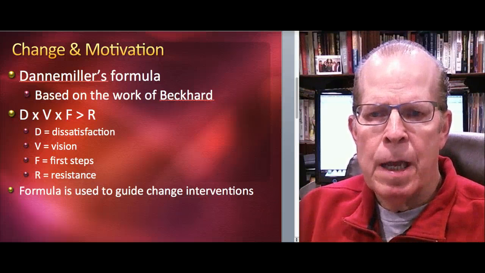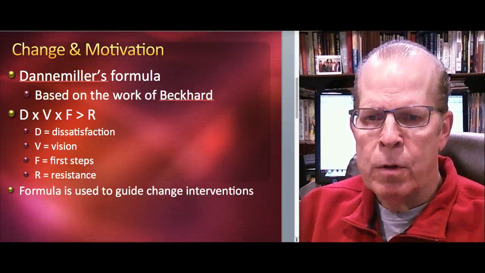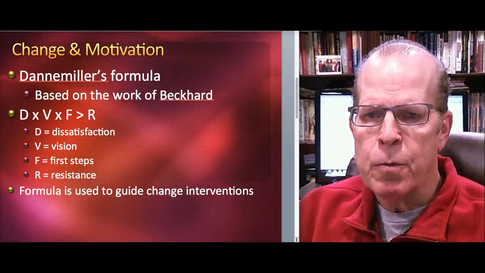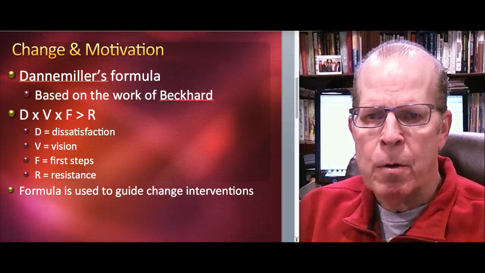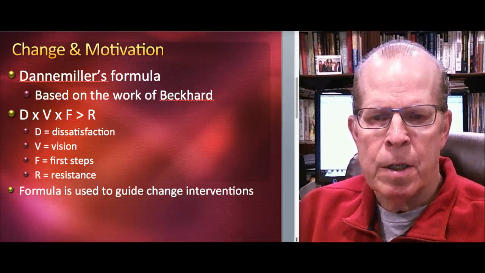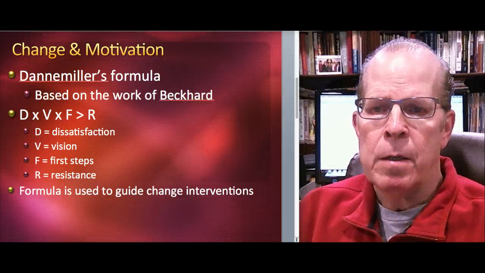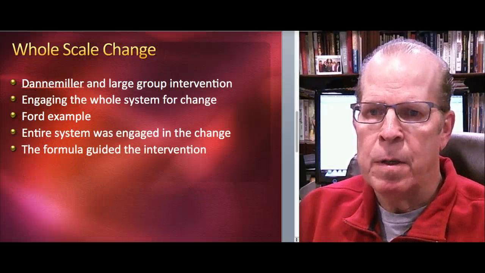And they also need to have some idea of how to begin to move towards the vision, where its first steps. And those three forces together have to be greater than their resistance to doing it in order for change to take place. And so this has been a pretty powerful formula, and it's been used to guide interventions, and I'll give you a couple of examples.